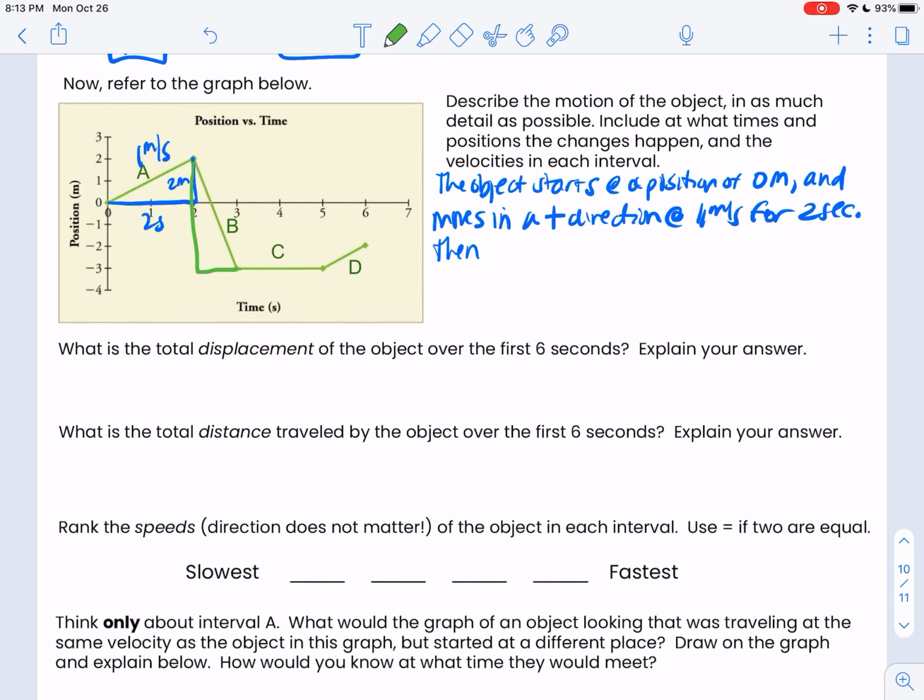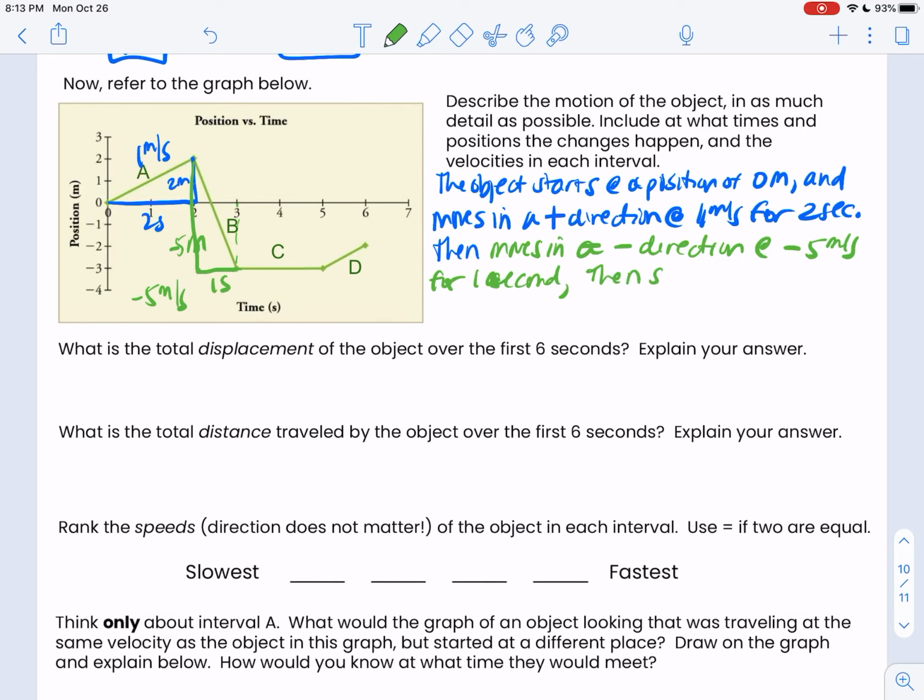1, 2, 3, 4, 5 meters, negative 5 meters in 1 second. So that's a velocity of negative 5. Then it moves in a negative direction at negative 5 meters per second for 1 second. That's pretty fast.